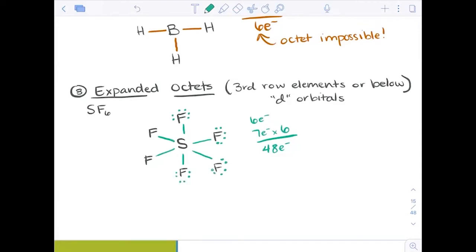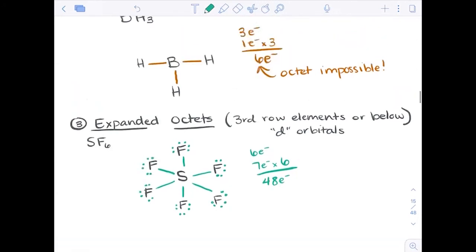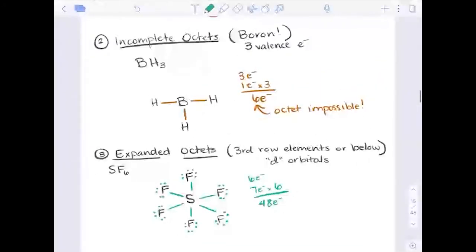When we look at this expanded octet, again, we'll identify in our next slide why these still work, incomplete and expanded octets still work, simply because when we look at the resulting structure, we get to double check with something called formal charge.